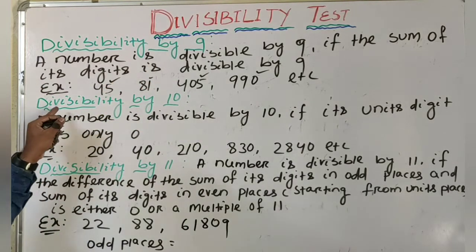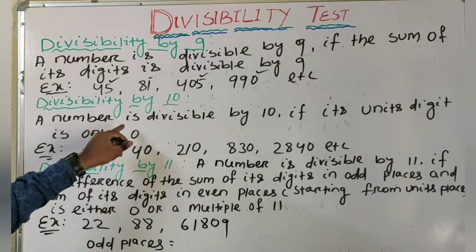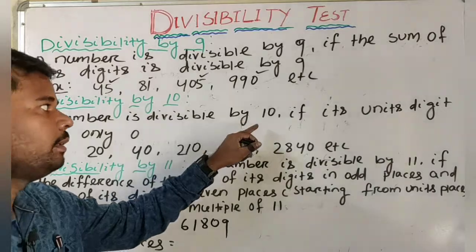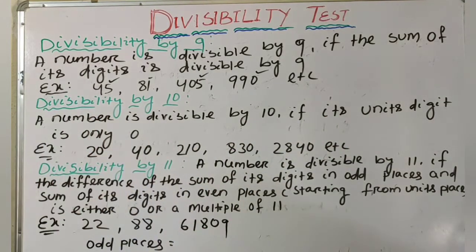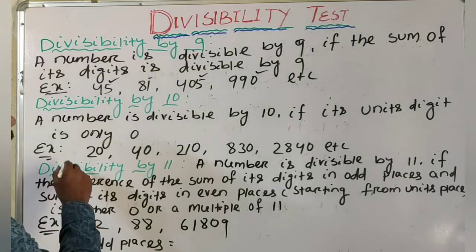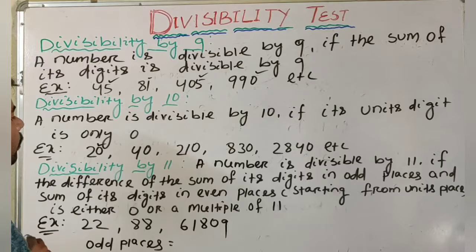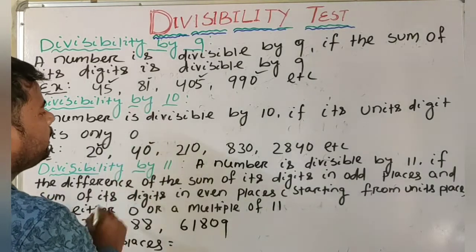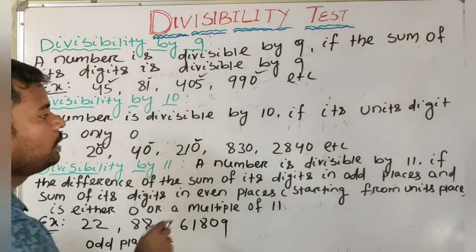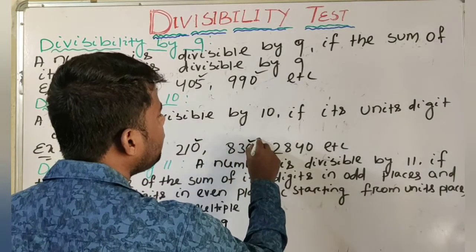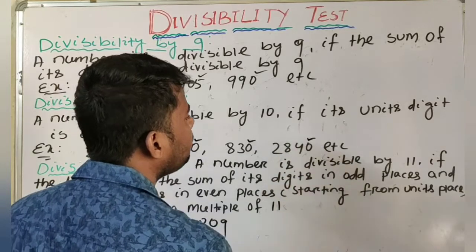Next we will know divisibility by 10. A number is divisible by 10 if its units digit is only 0. For that I have taken some examples. Here 20, its units digit is 0. Here 40, its units digit is 0. Here 210, its units digit is 0. Here also 830, its units digit is 0. 2840, its units digit is 0.